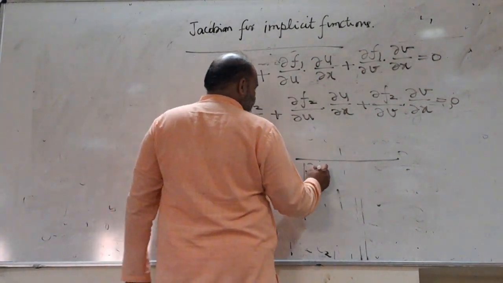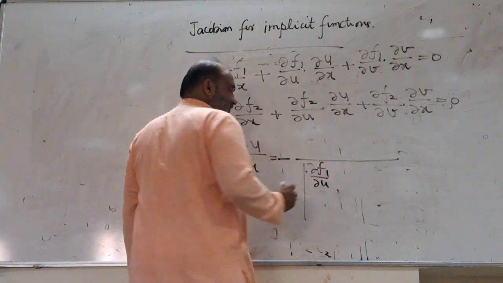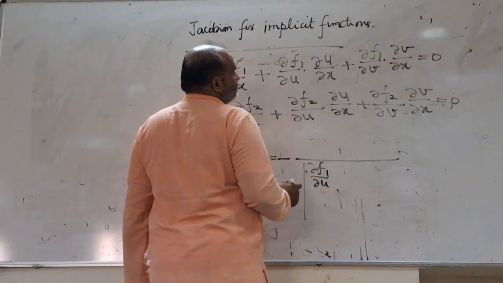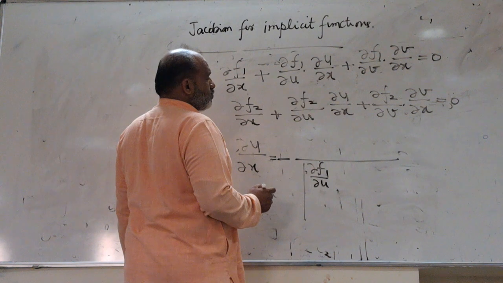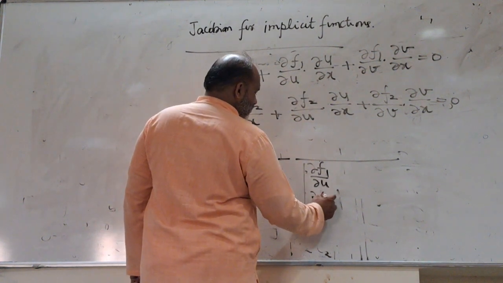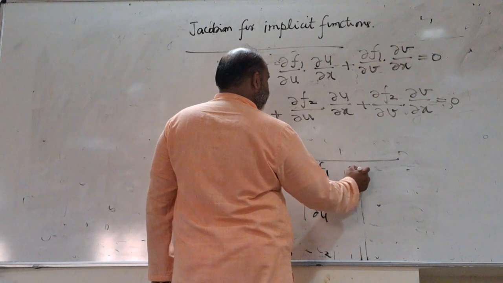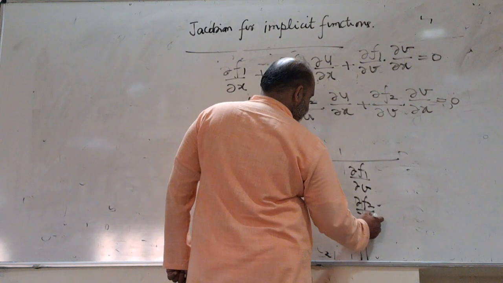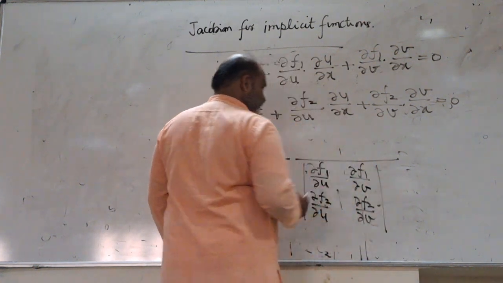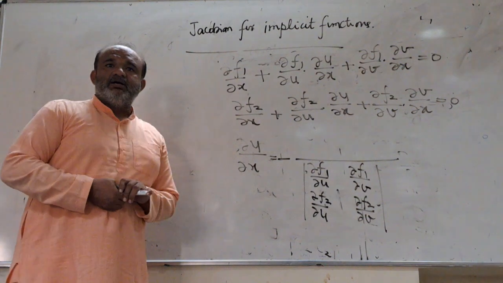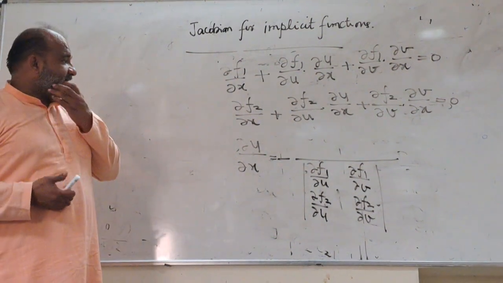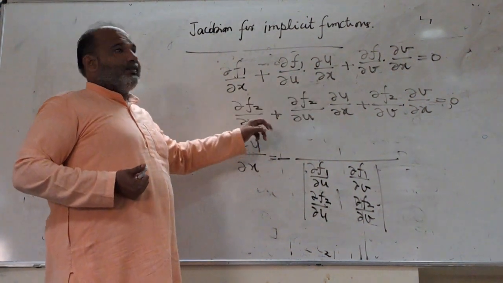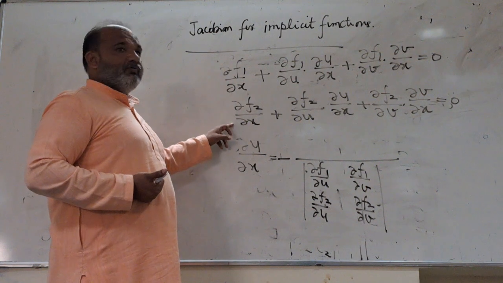So this will be del f1 over del u, and then del f2 over del u, and here del f1 over del v and del f2 over del v. The determinant of the coefficient matrix, right? And then the column corresponding to del u over del x will be replaced by del f1 over del x and del f2 over del x.